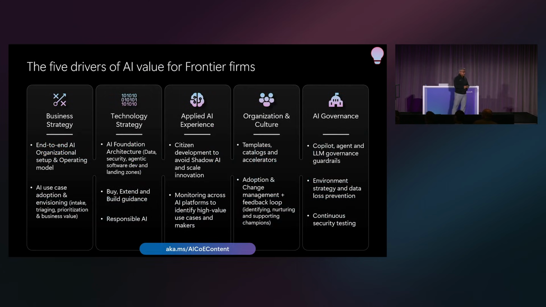Why don't you take us through the next section and closing? Yeah, thank you, Swapnil. To make it all a reality, to help your customers with implementing an AI Center of Excellence, AI COE, to help you deliver more AI use cases, we developed comprehensive AI COE guidance across 5 pillars of AI value: business strategy, technology strategy, applied AI experience, organizational and cultural aspects of AI value, and of course, AI governance.